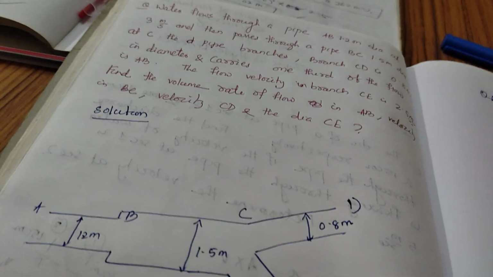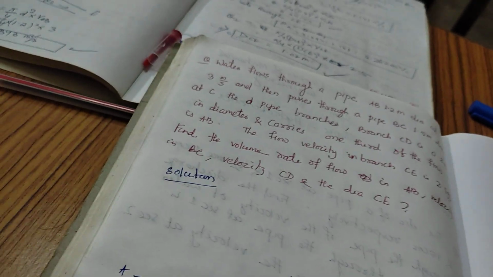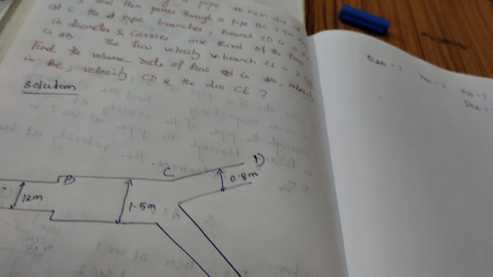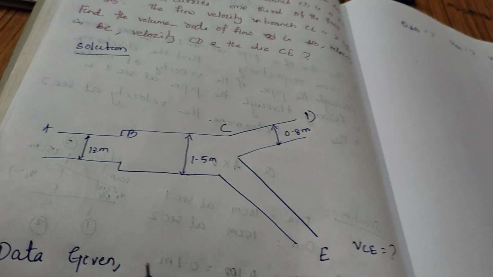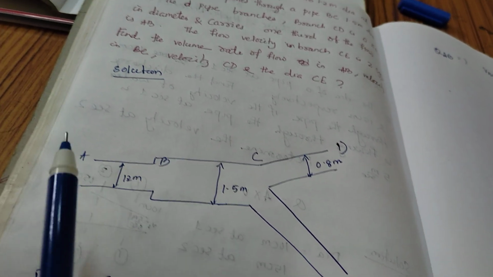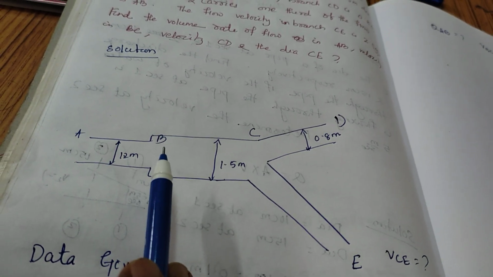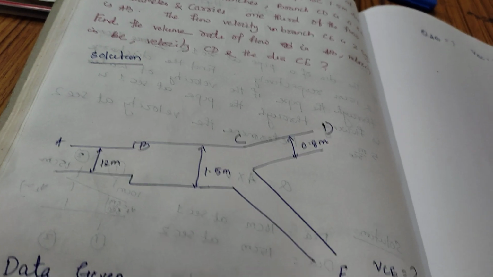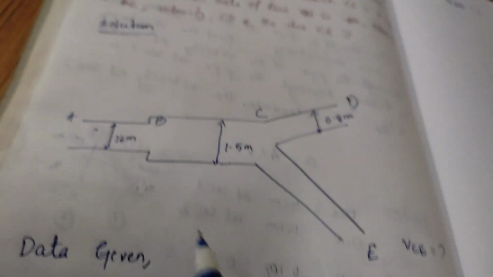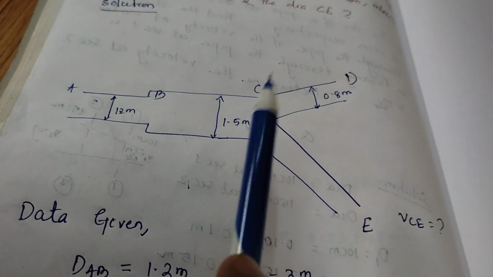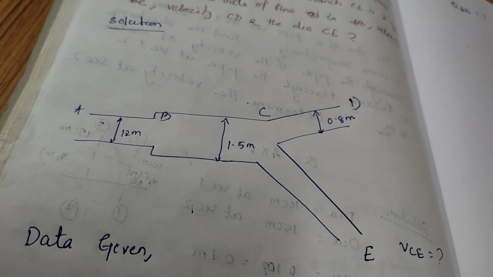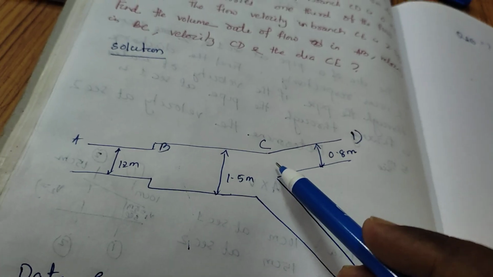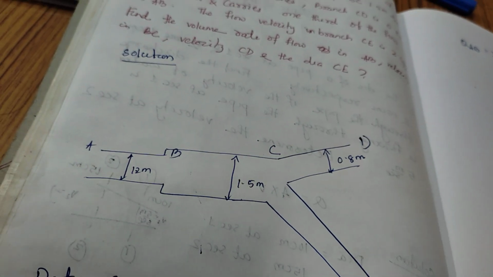So first you read the question 2 or 3 times, then understand the question, what is given and what is to be determined. So here a pipe AB is given, the diameter is 1.2 meter and its velocity is 3 meter per second. Then the pipe diameter increases to 1.5 meter. Then the pipe branches at point C. One is CD, another is CE.